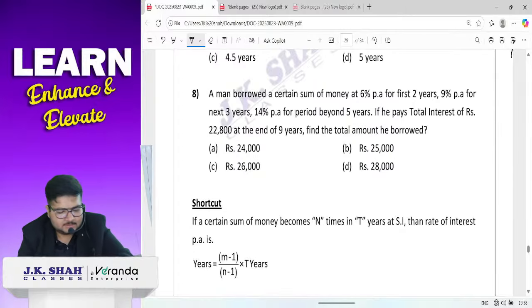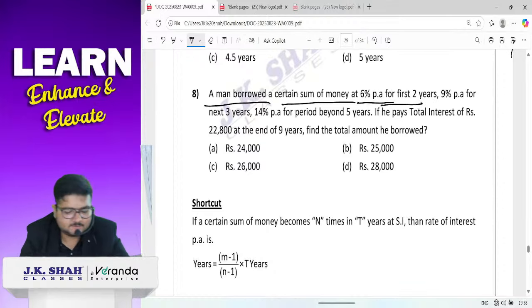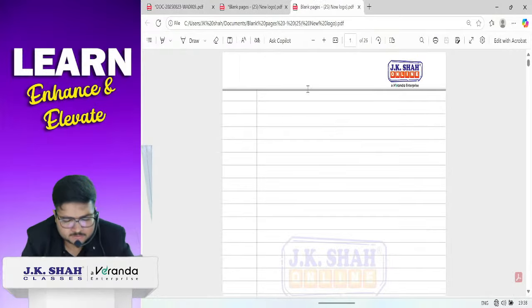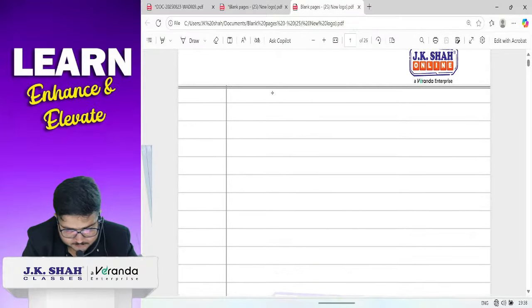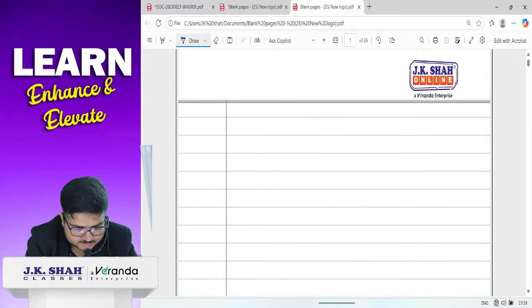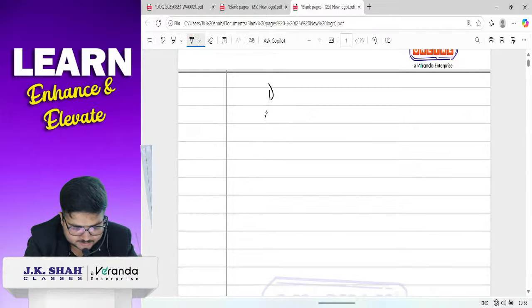8th question. A man borrowed a certain sum of money at 6% per annum for the first 2 years. Right? For the first 2 years he borrowed at 6% per annum. There are a total of how many years we will see, but first I will take the first 2 years, 6%.